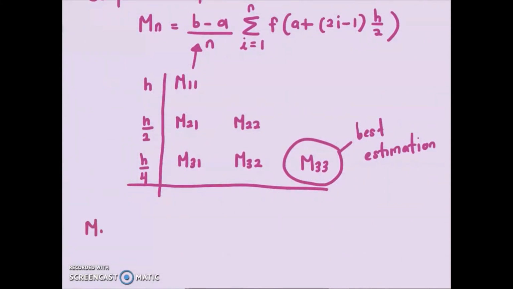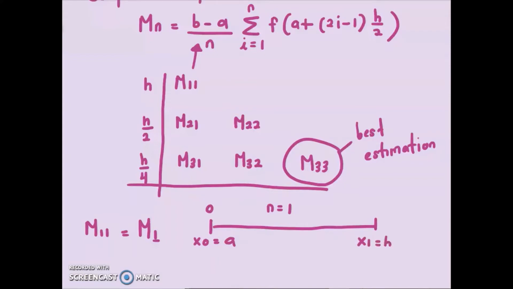So let's look at the first interval here for h, where M11 equals M1. My interval is divided for n equals 1, with x0 being my a, which is 0, and x1 equals b, which is pi over 2.